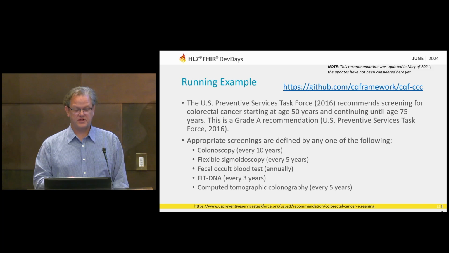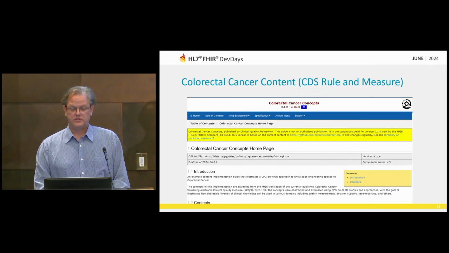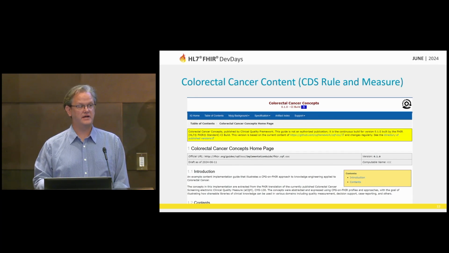So the narrative here, this is the L1, right? Appropriate screenings, colonoscopy every 10 years, flexible sigmoidoscopy, and so on. It's a pretty straightforward recommendation, but has a lot of detail in terms of the kinds of things that you can ask for and that represent evidence of appropriate screening in the case. So if you build the repository that's there, it's actually a FHIR implementation guide.